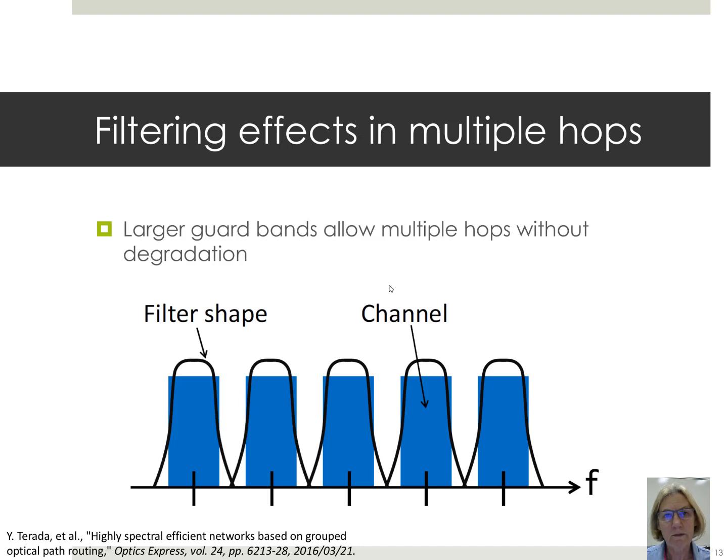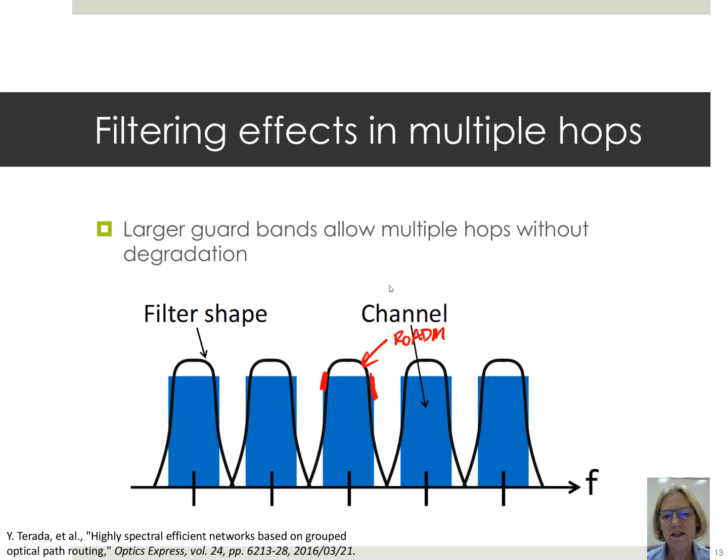And this is a little diagram where I try to explain what I meant by that. This is the filter response of a ROADM at a hop. And so it goes through the first filtering device, and you can see we're going to be cutting off the corners of our data signal.